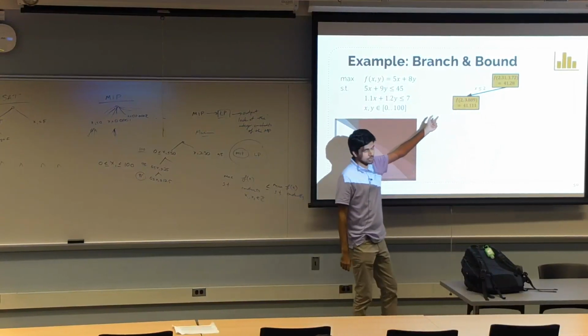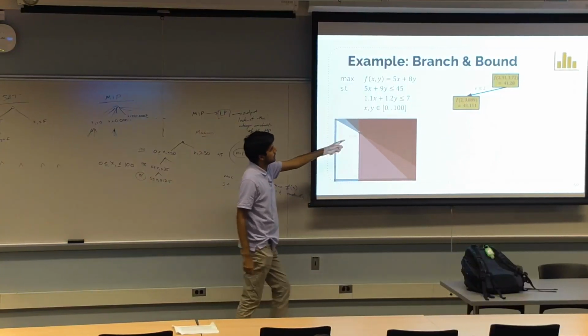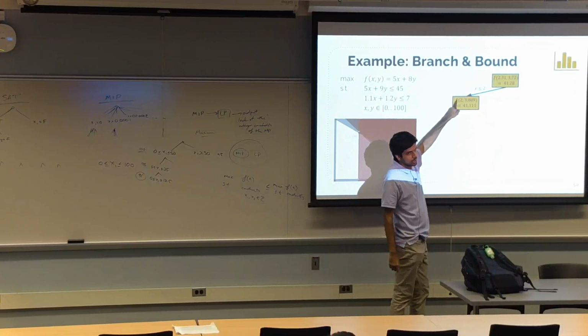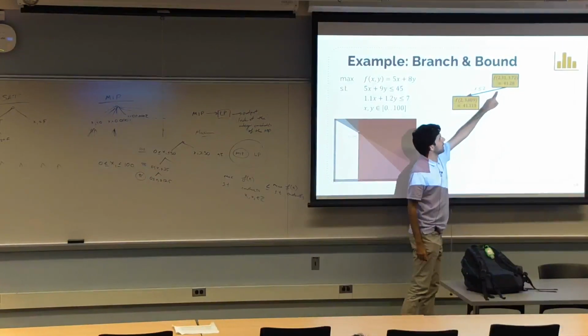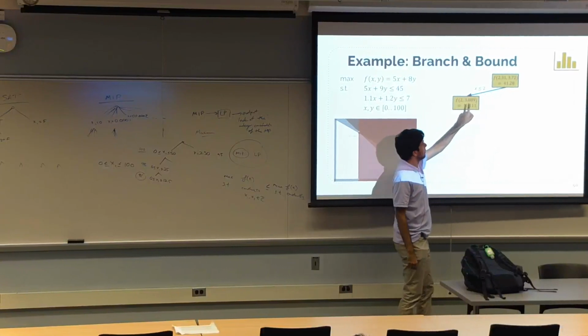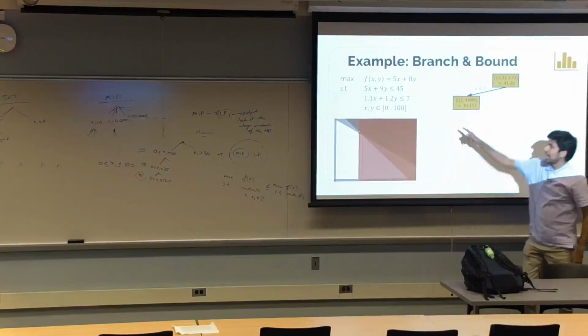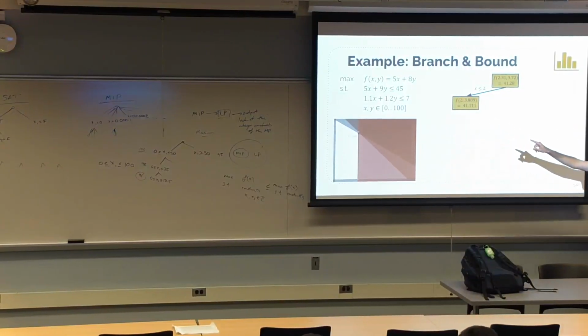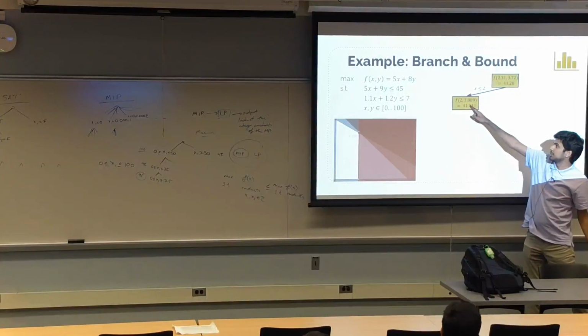X happens to be 2. Y is 3.889. So x is now an integer. Keep in mind, this is not because we're branching on the value of 2, but rather when we added this constraint, our LP solver said x should be 2 to maximize our value. So this is good. Y is not an integer yet.